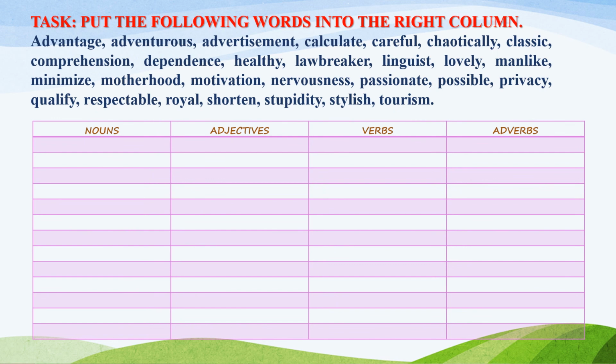And here is task number 2. Put the following words into the right column. Here you are provided with some words and a table divided into the main parts of speech, and you are supposed to put each word in its correct column.